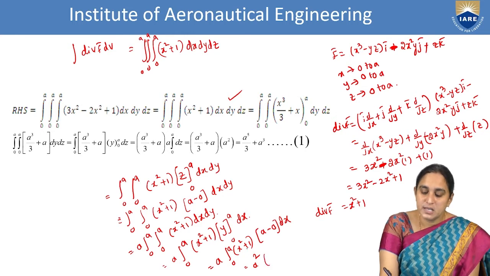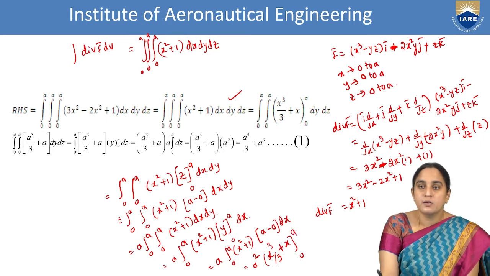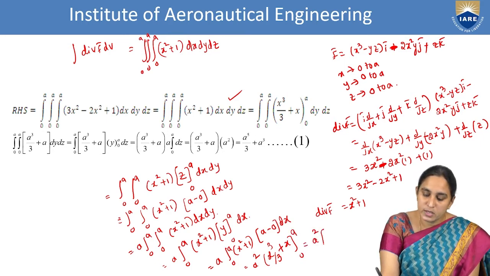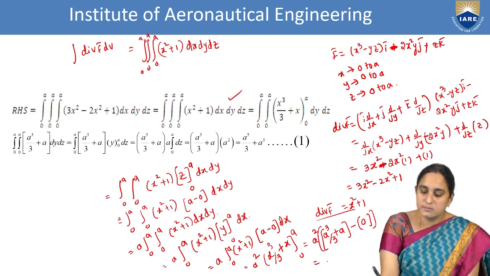That is x square integration as x cubed by 3 plus 1 integration as x, and the limit points are 0 to a. That is equal to a square into the upper point, a cube by 3 after substituting a in place of x, that is a cube by 3 plus a, and substitute the lower limit, that is 0. That is a square into a cube, that is a power 5 by 3 plus a cube, that is integral of divergence of f bar.